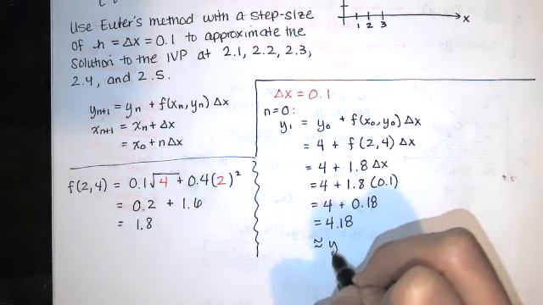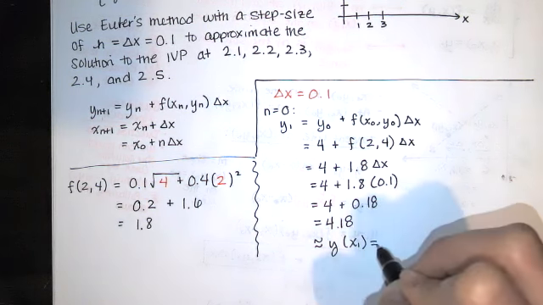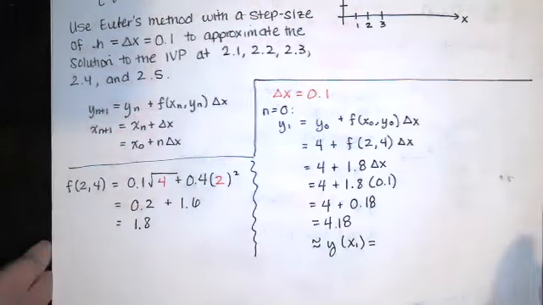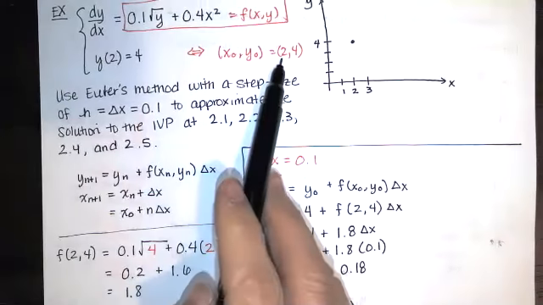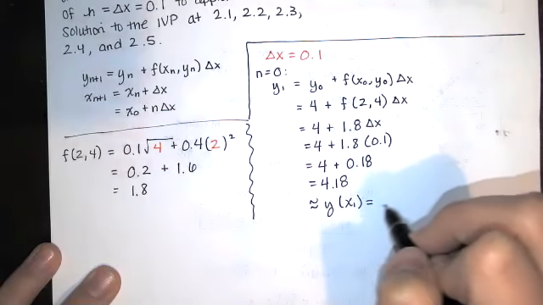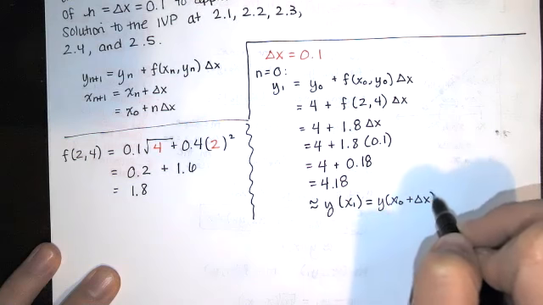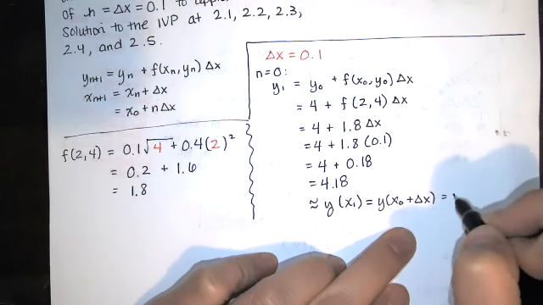Now remember, this is an approximation to the solution at x sub 1, and x sub 1 is the original x value. That original x value was x equals 2, and then we're adding delta x to that. So this is an approximation of the solution at x naught plus delta x.